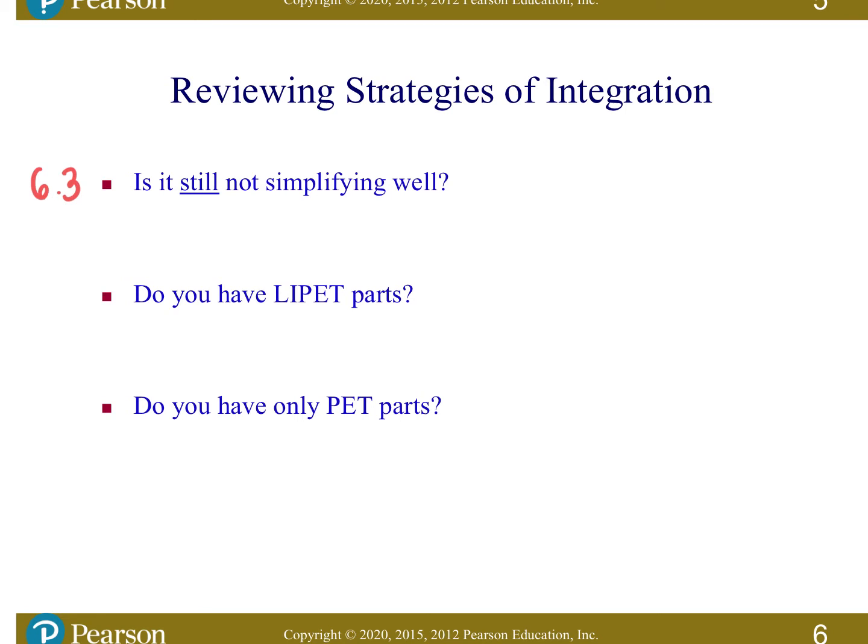And if it did not simplify well, then we tried the LIPET test. Okay, the LIPET rule. So, do we have one of the 5 LIPET parts? Do we have an L or an I, or do we have a P or an E or a T? Do we have one of those? So if you have an L or an I, then you're going to do integration by parts, which is what we were working on last week.